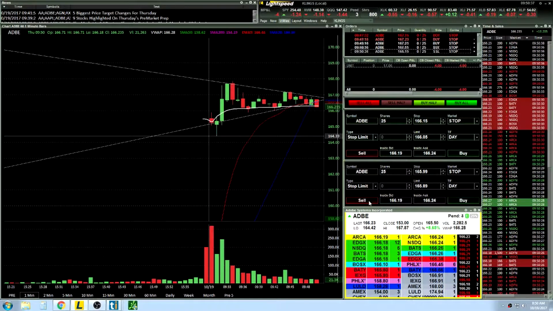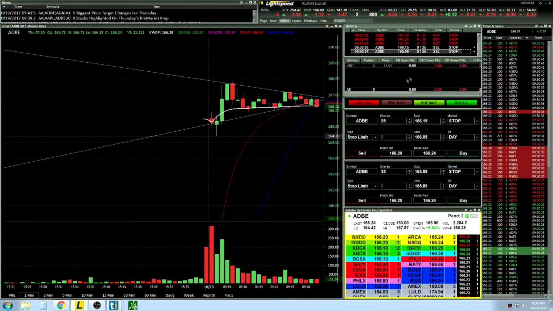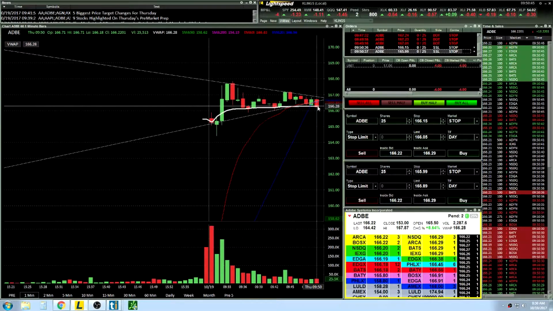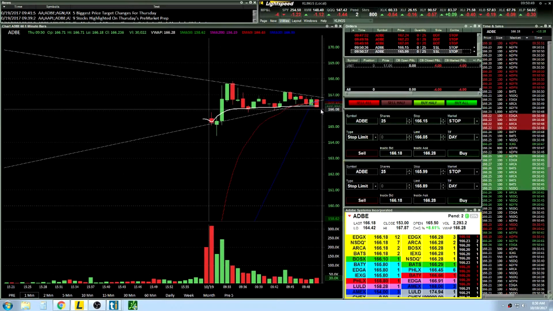If it's going to break underneath, I definitely want to short it too, because it looks better for a short if I'm looking at the sector with it. Could be breaking out because this 20 is finally catching up underneath it, and if it sticks below the VWAP, it's going to be a big help.